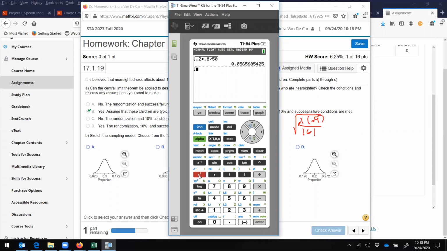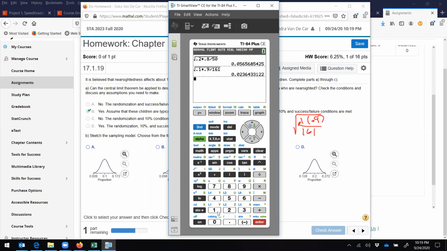So I'd go square root of 0.1 times 0.9 and divide that by 161. And we get 0.0236-ish. So from 0.1, one standard deviation out would add 0.02 to that.